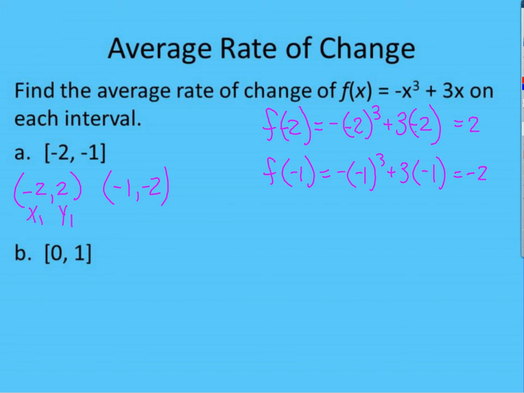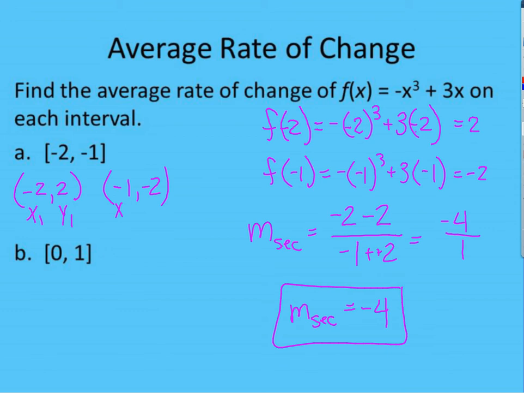This is your x1 and y1, x2 and y2. So we plug it in to find the slope of your secant line. Remember, it's just y2 minus y1 over x2 minus x1. Negative 2 minus 2 gives me negative 4. Negative 1 plus 2 gives me 1. So the slope of our secant line between negative 2 and negative 1 would just be negative 4.